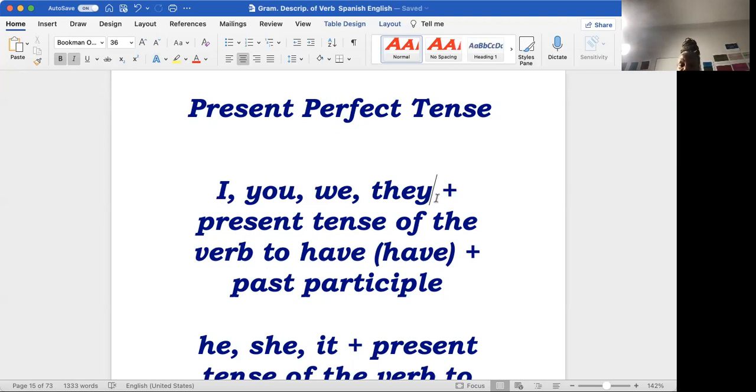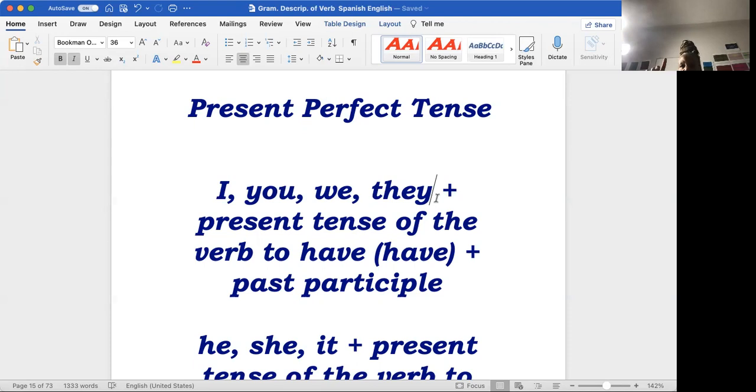For a regular verb, how many times do I have to say this? For a regular verb, the past participle form is the same form as the past tense. It's the simple form of the verb plus ed. So I have talked. Nobody says it like that. It's I've talked.